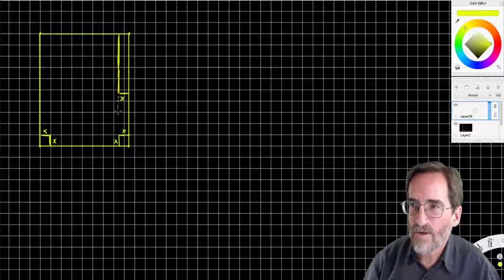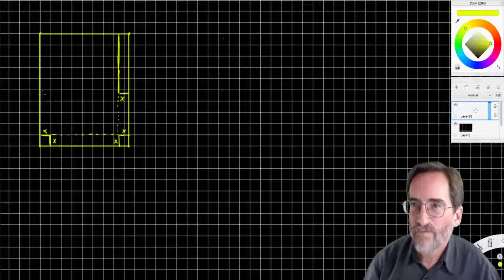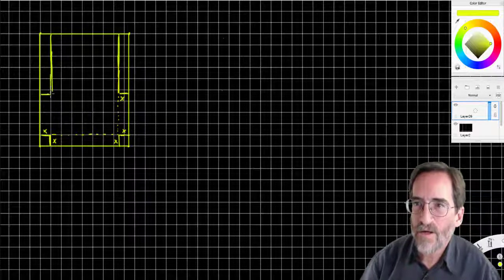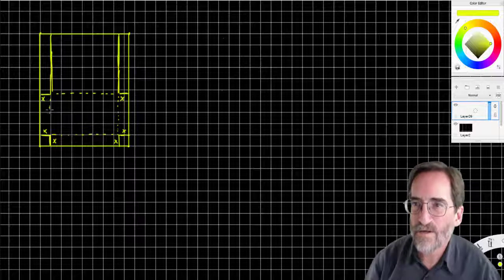Okay, and I'm going to do dotted lines for folding lines here. Okay, and I'm going to cut these rectangles off. Do the folding lines here. And I'm going to do a folding line here. So this is x.